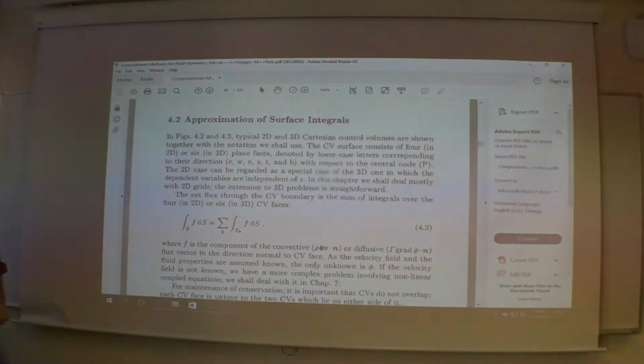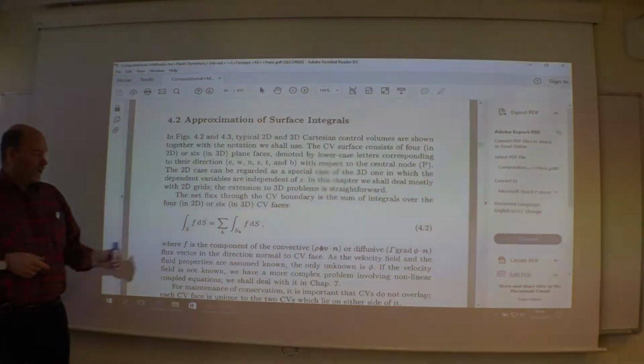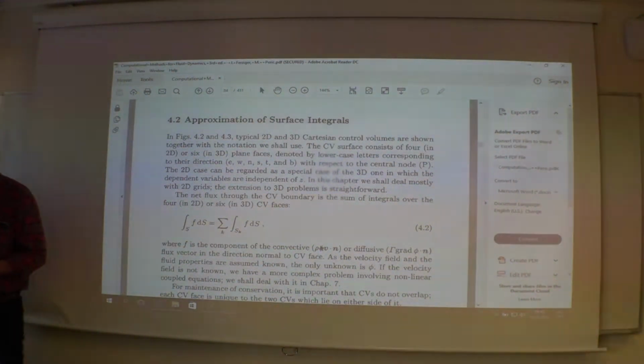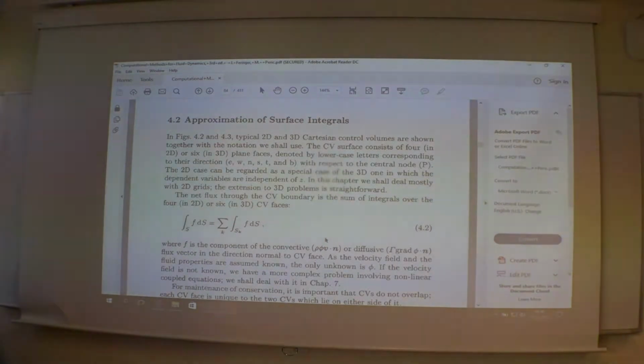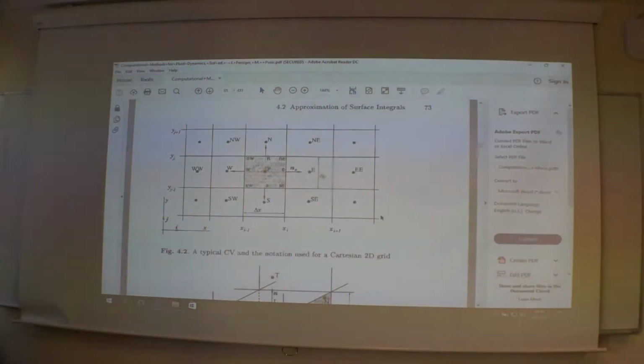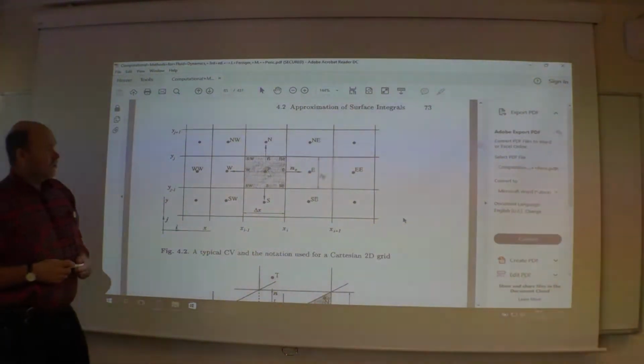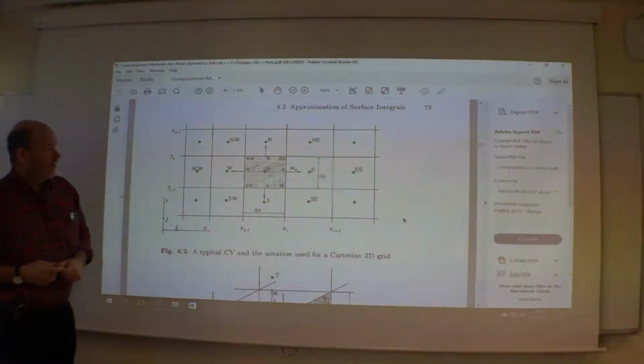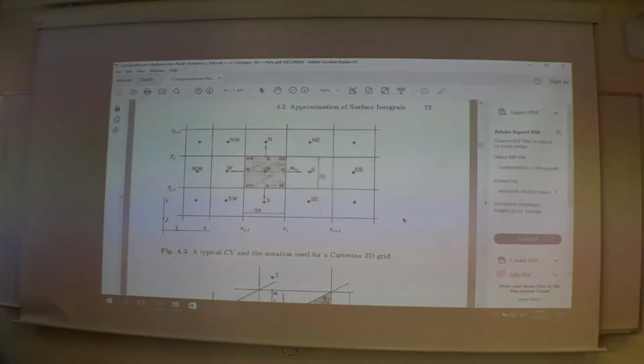And of course, we have to rewrite these integrals in algebraic expressions. So yes, you sum up all the faces that you have around your cell. The notation in 2D: east, west, north and south, and then southeast and southwest and so on.